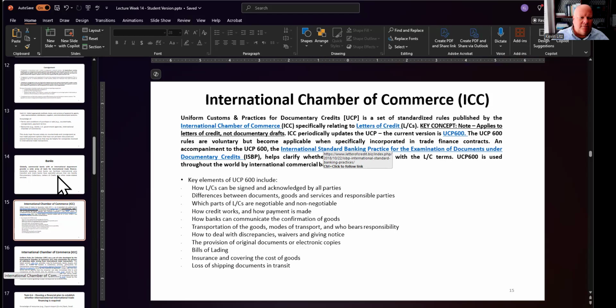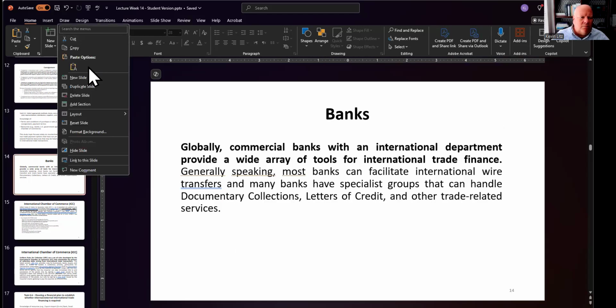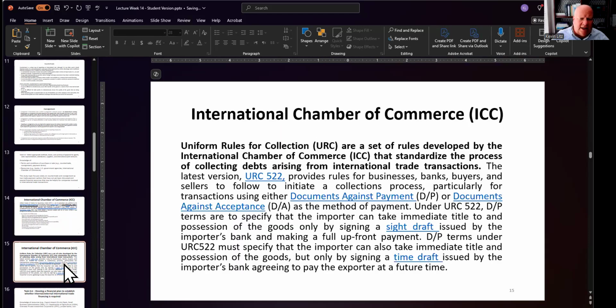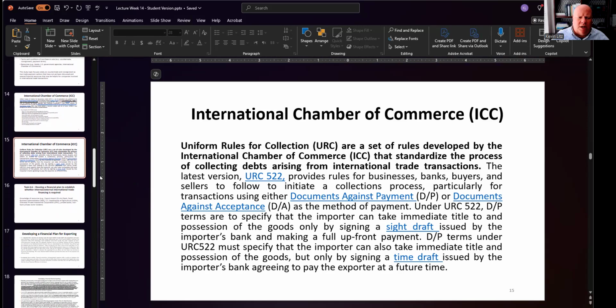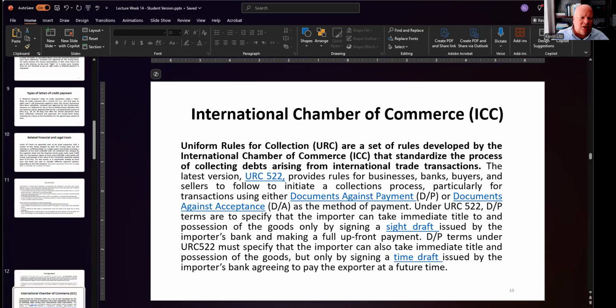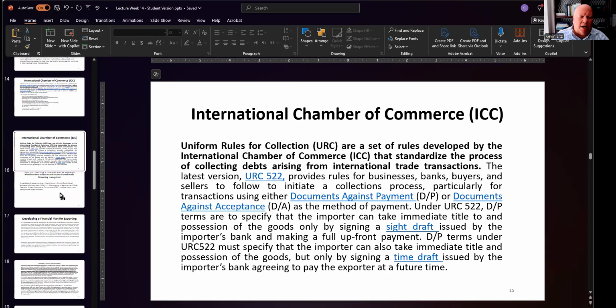Here are the uniform rules. They're issued by the International Chamber of Commerce. That's not a government body, but it is a body that will come up with rules that a lot of companies internationally will agree to abide by.